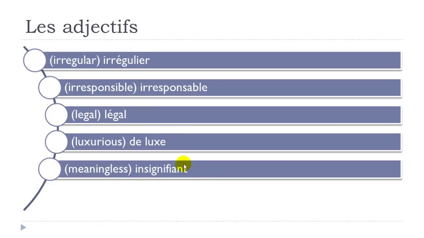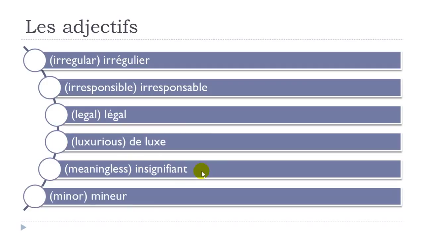Insignifiant. Okay, final T not pronounced, so you've got this I-A-N, ian, so F before, fiant. Insigni, okay, remember, G-N-I, ni, ni, insignifiant. Insignifiant. Mineur, E-U-R, heure. Mineur, mineur.